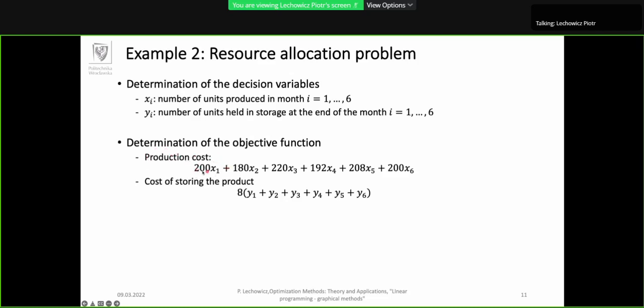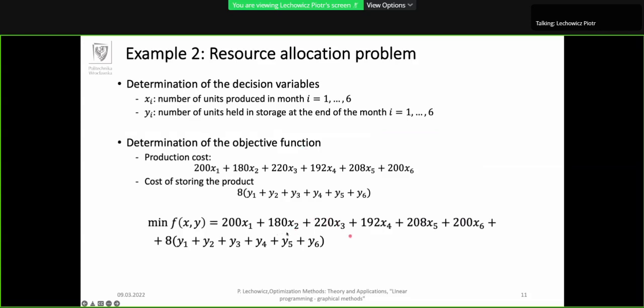So the production cost is the cost of producing windows in each month multiplied by the amount of produced windows in each month, and the cost of storing the product. So it's the number of units held in storage multiplied by the cost of storing a single unit.